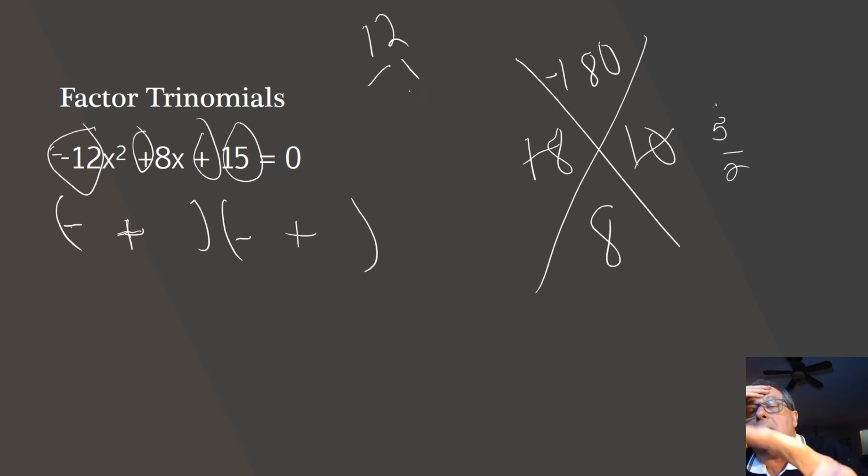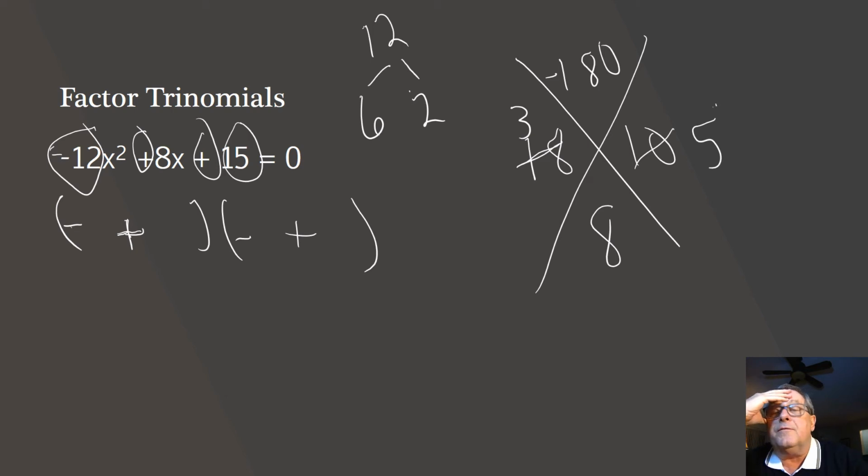I see it now. 6 and 2. 6 times 2 equals 12. Those 6 will go into 18 3 times. 2 will go into 10 5 times. Okay, so I got the 3 and the 5. I've got to have a positive 6.